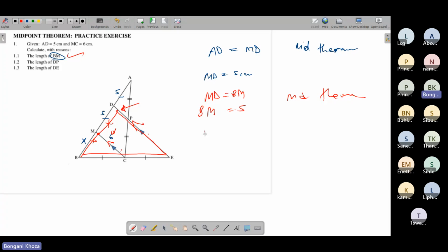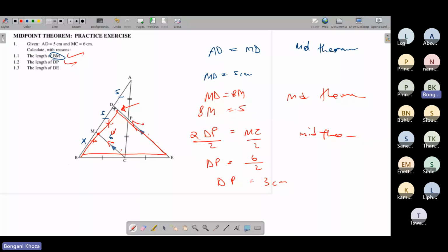So 2 times DP equals MC, still midpoint theorem. To get DP, we divide by 2. So DP is MC, which is 6, divided by 2. So DP is just 3 centimeters.